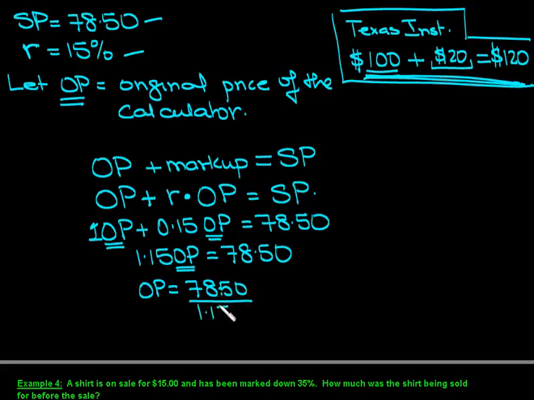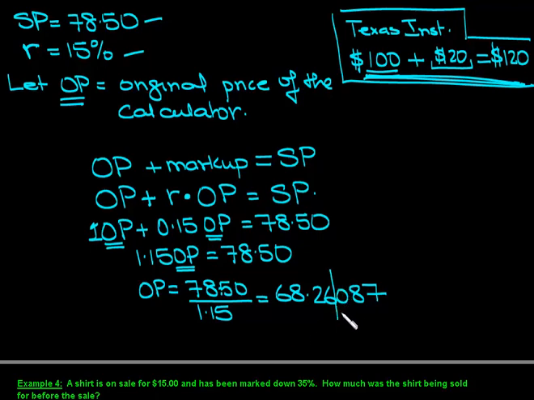divided by 1.15. And if you do that on your calculators, you should end up with some value for it. In this case, it is 68.26087. Whenever you're doing word problems, it's a very good idea to round off your answers to two decimal places. So in this case, we'll just chop off here.